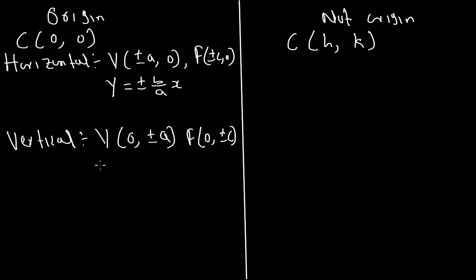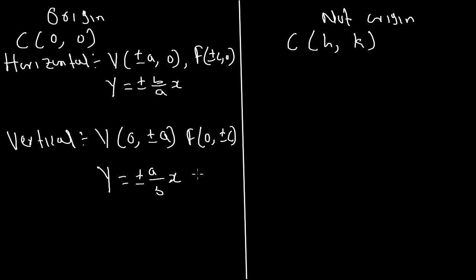The length of the latus rectum remains the same, still 2b squared over a. The eccentricity still remains the same, still c over a. But the equation of the asymptote, y, becomes plus or minus a over b x. Am I communicating? Perfect.